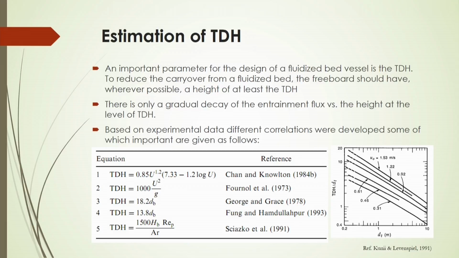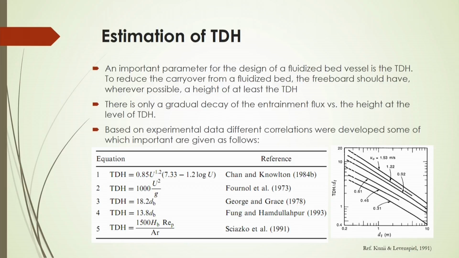Above the TDS, of course, there is only a gradual decay of the entrainment flux versus height. Based on experimental data, different correlations have been proposed by several investigators, which are very important.